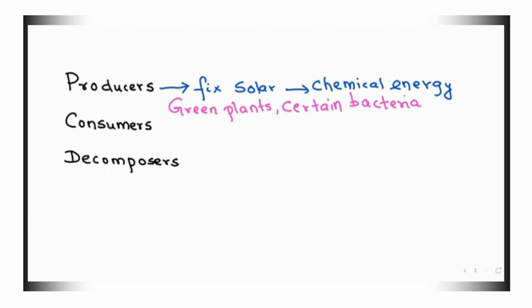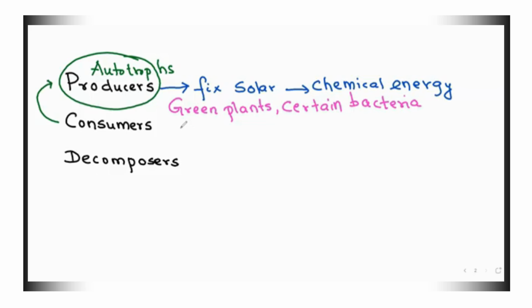The second category is the consumers. Consumers can be classified as primary consumers, secondary consumers and so on. Anybody who can produce their own food, we call producers, or another name for producers is autotrophs. Whereas all the organisms which directly or indirectly depend on autotrophs, we call consumers.